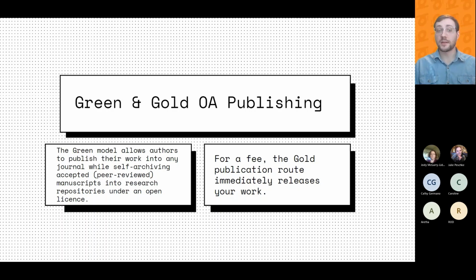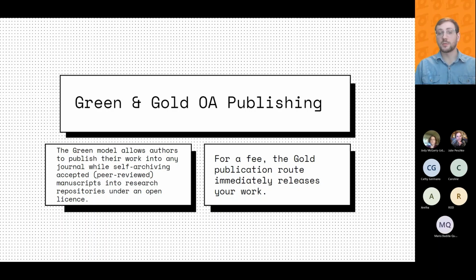Usually there's an embargo period before the manuscript can be available on those repositories, and the journal published version of the article remains closed behind a paywall. So just to reiterate, you might have the finished version of an article immediately available in the closed journal, and people can pay for that and read it.